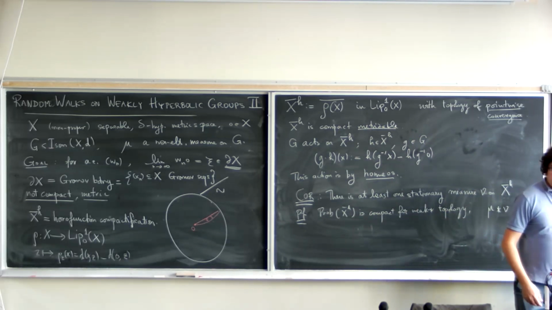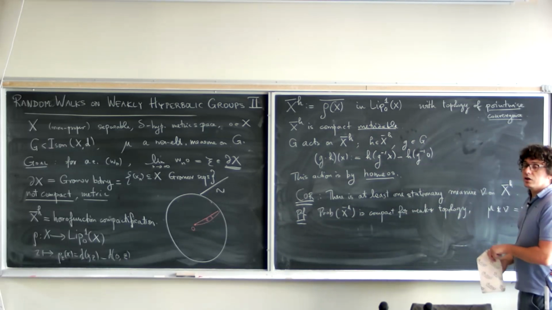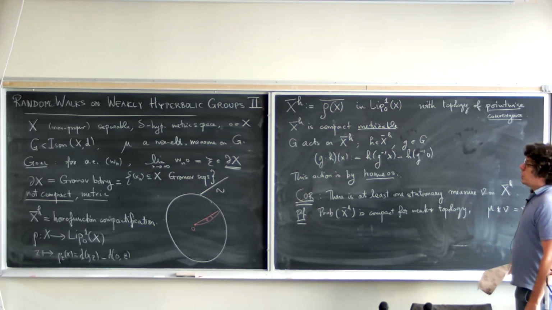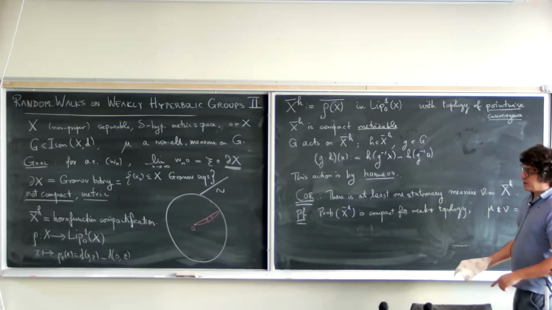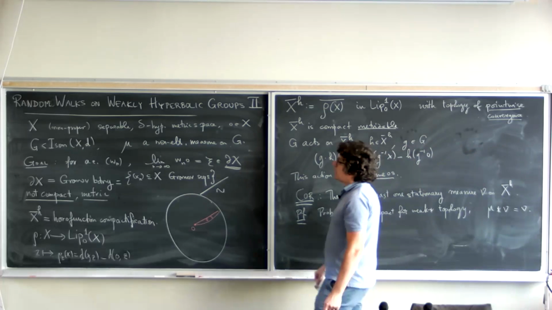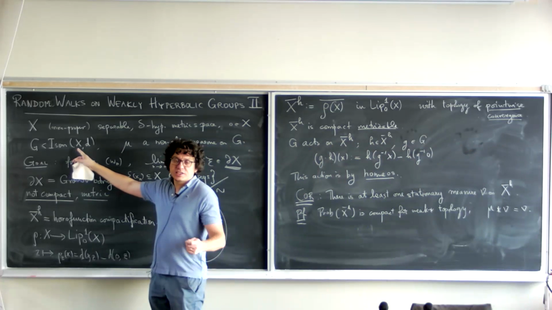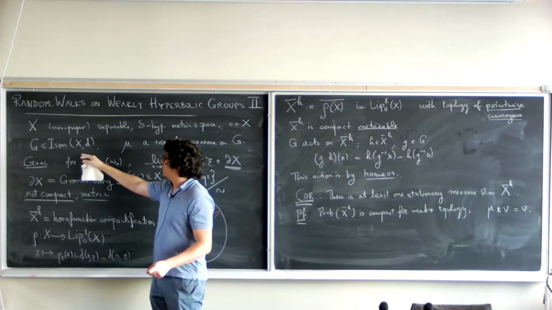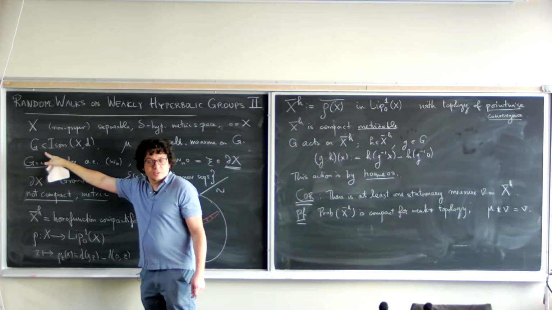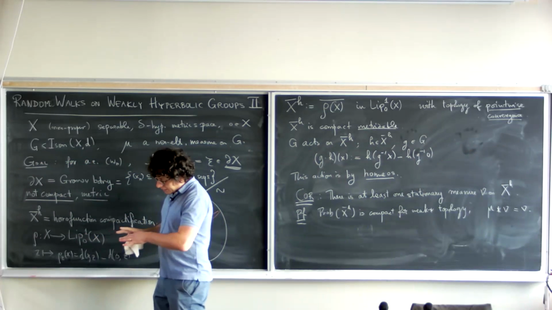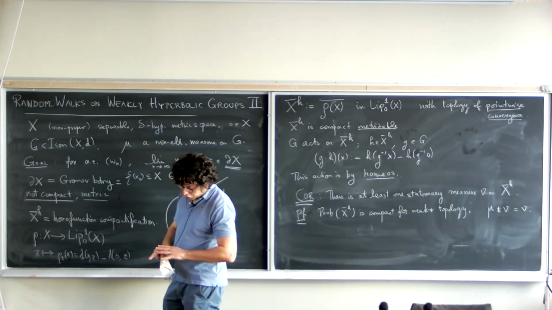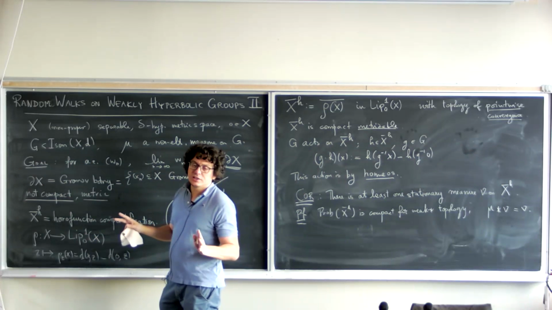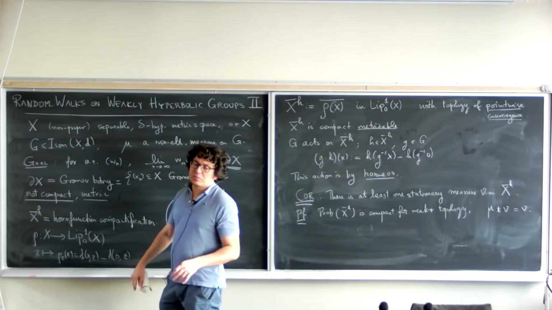But didn't you say that separability is not needed? A posteriori, you can play a trick if you have a countable group that acts on a delta hyperbolic space, even if it's not separable. You consider the orbit of G. You can take something like the convex hull of the orbit, and this would be separable.